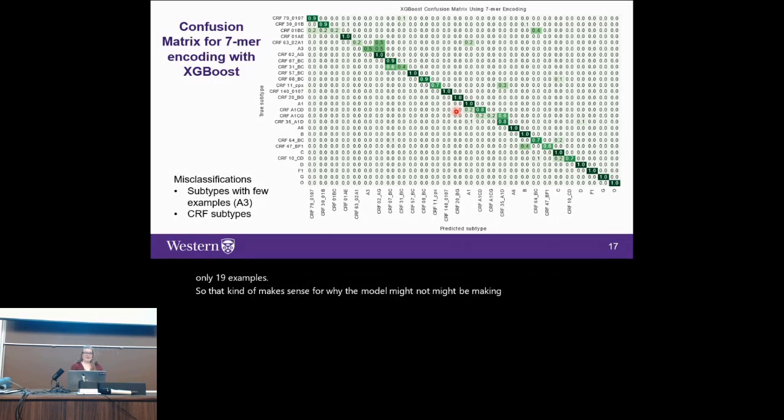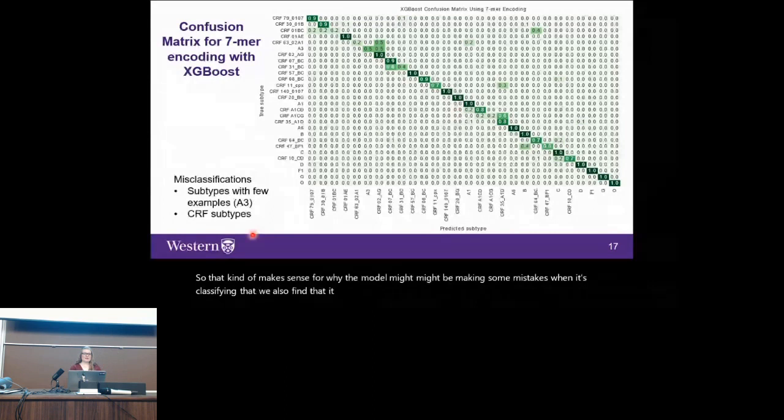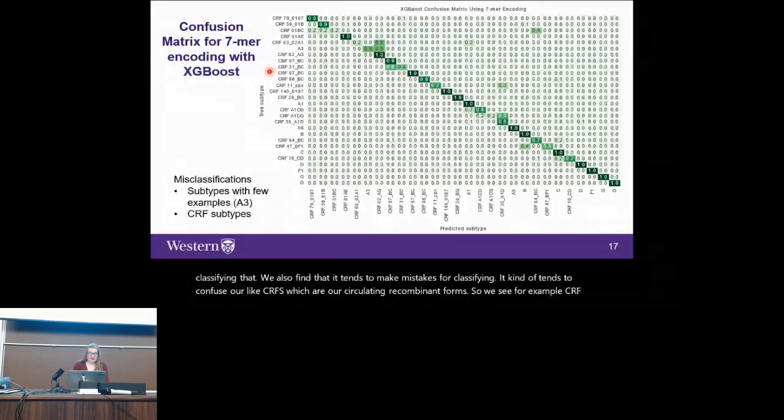We also find that it tends to confuse our CRFs, which are our circulating recombinant forms. So we see, for example, CRF7 and CRF31BC.